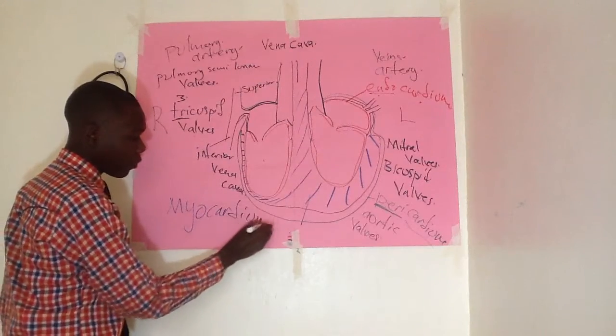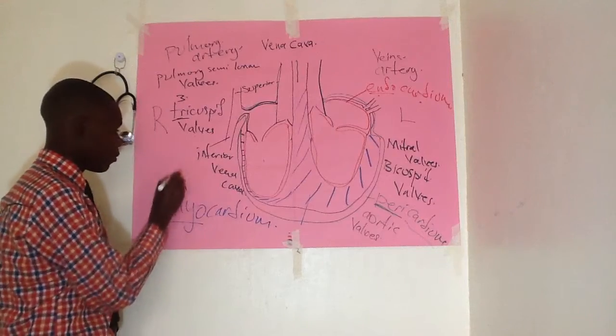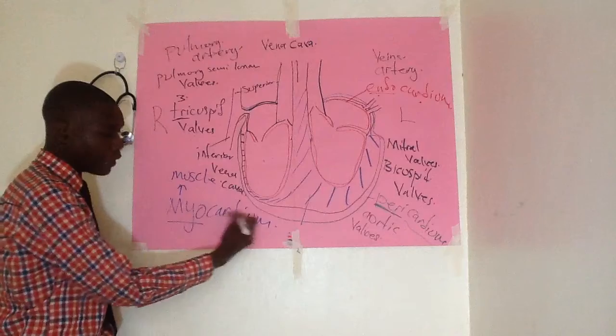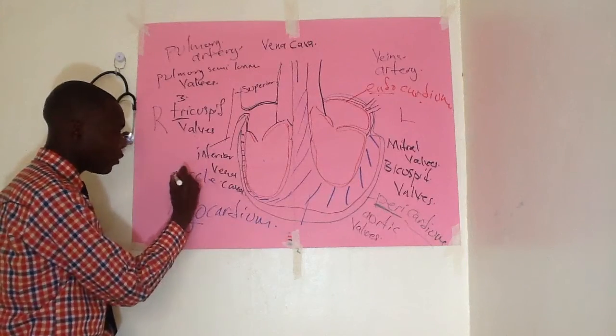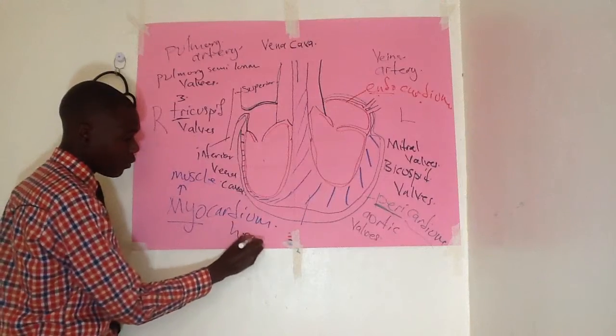Myo means muscle. Cardium, heart. So, muscle of the heart. Myocardium.